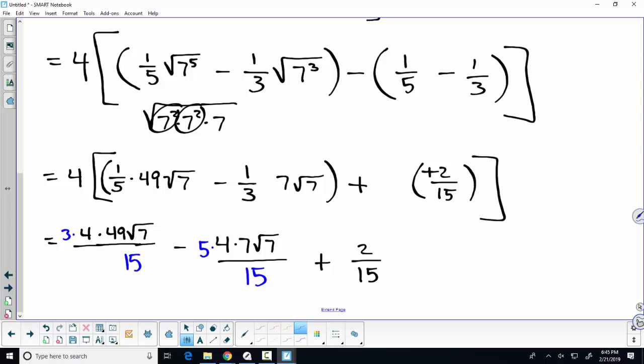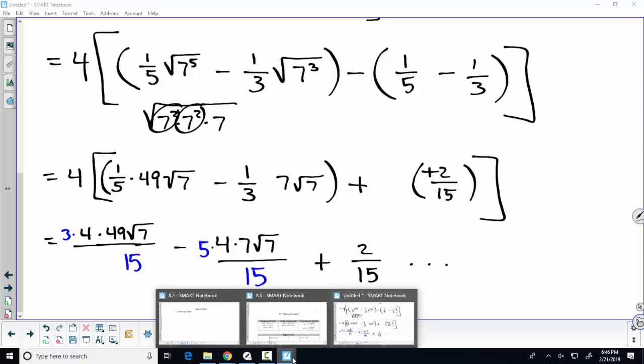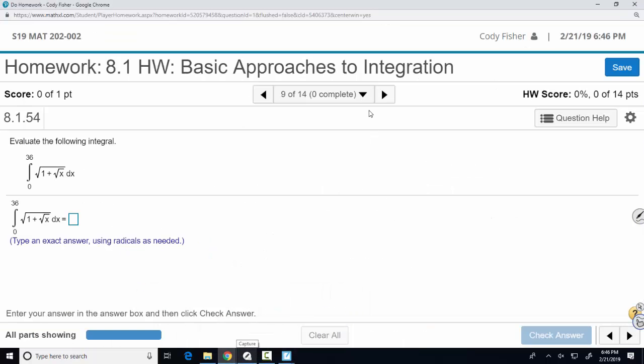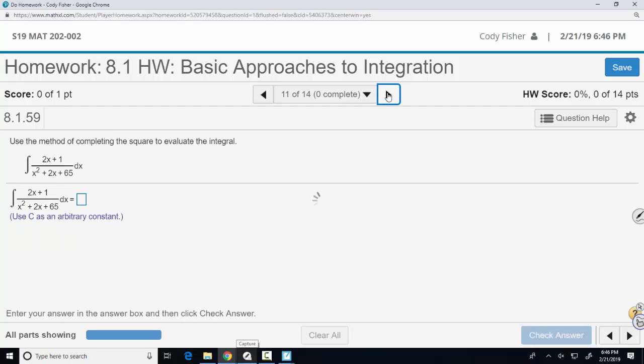Okay. All right. Any other questions? On number 11, they used the u substitution, but I was wondering if there was a faster or easier way.